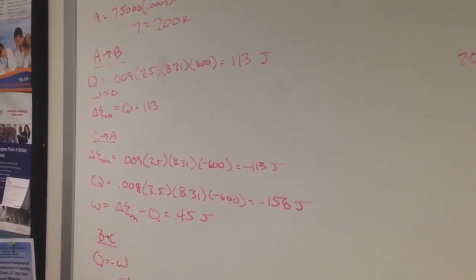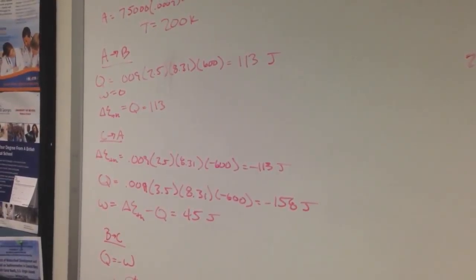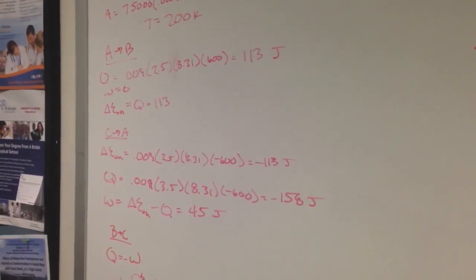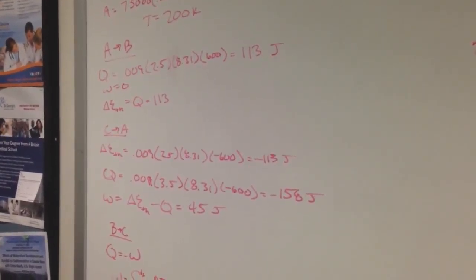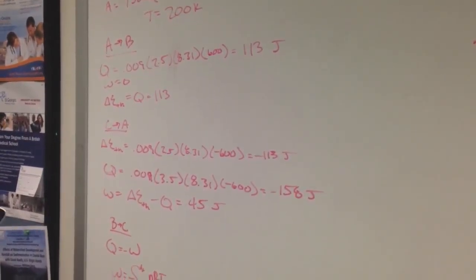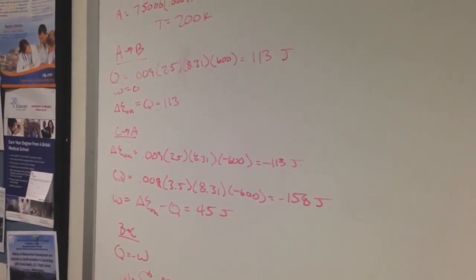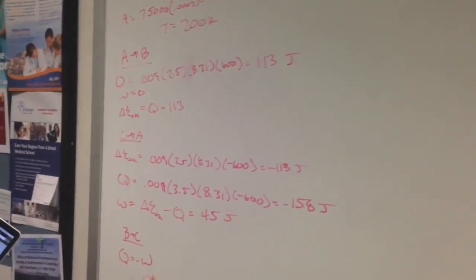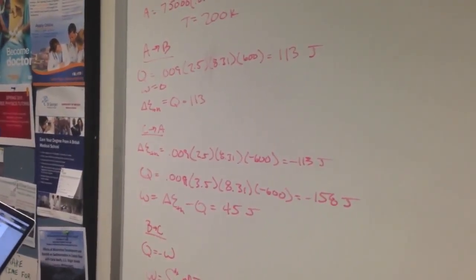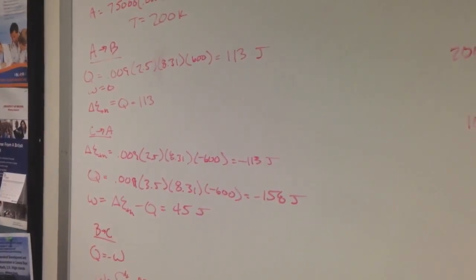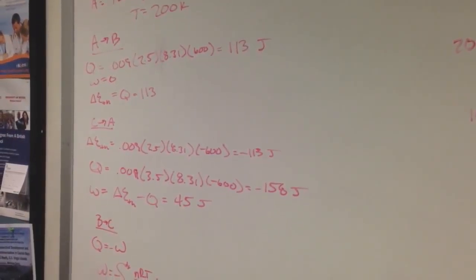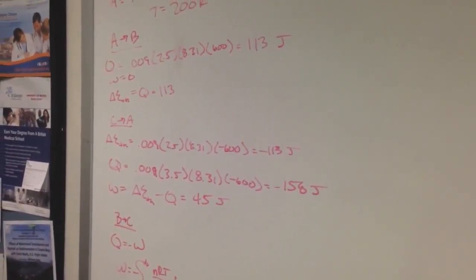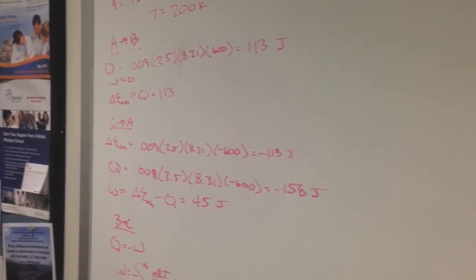Now there is no work done on the system, and we know that the change in thermal energy is equal to the sum of Q and W. Since W is 0, the change in thermal energy is simply equal to Q, which is 113 joules.